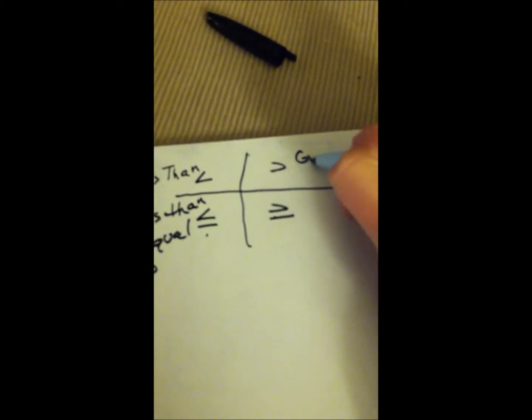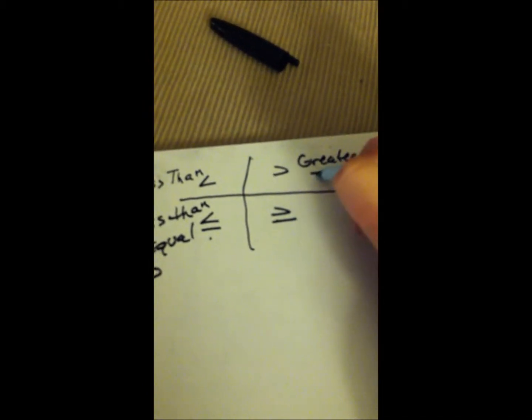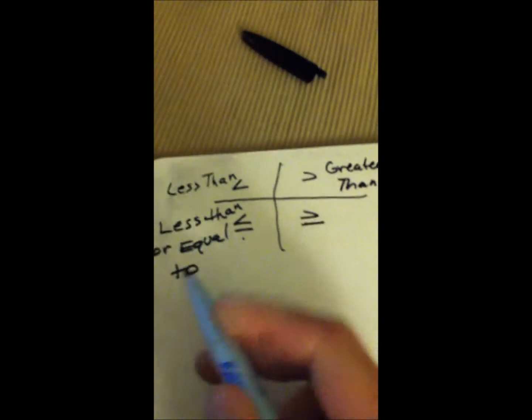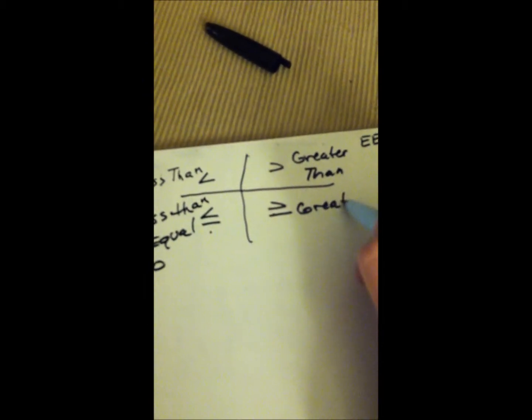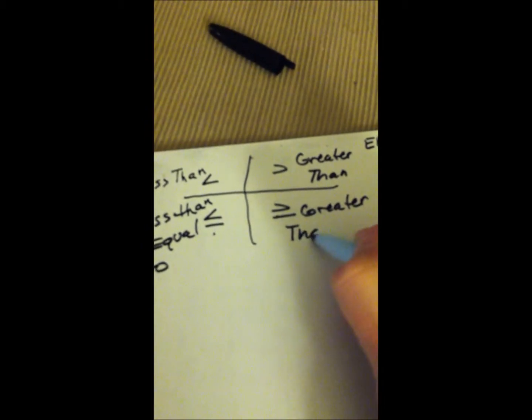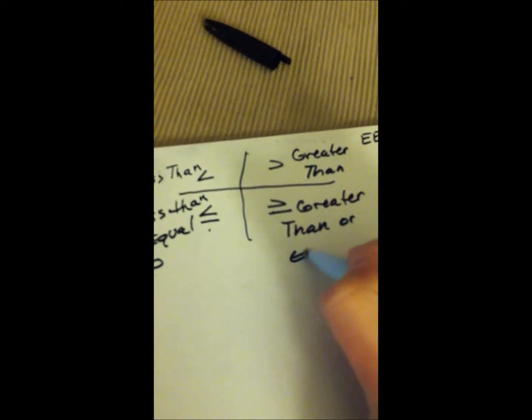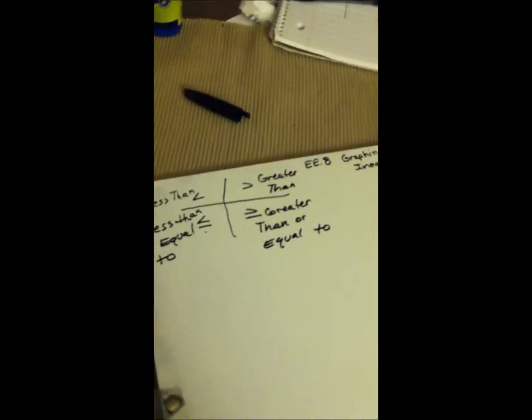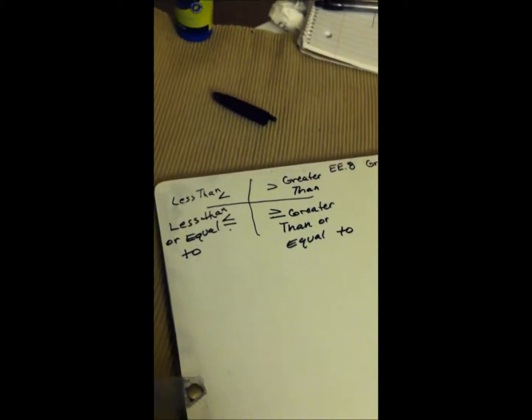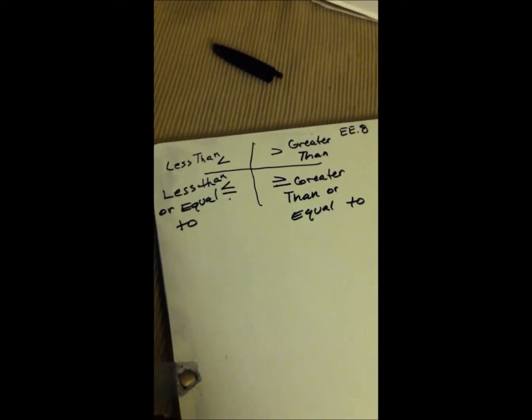This one is going to be greater than. And the same thing that was true over here, the line on bottom makes it greater than or equal to. Okay? Now, the reality is that you kind of just need to memorize this.